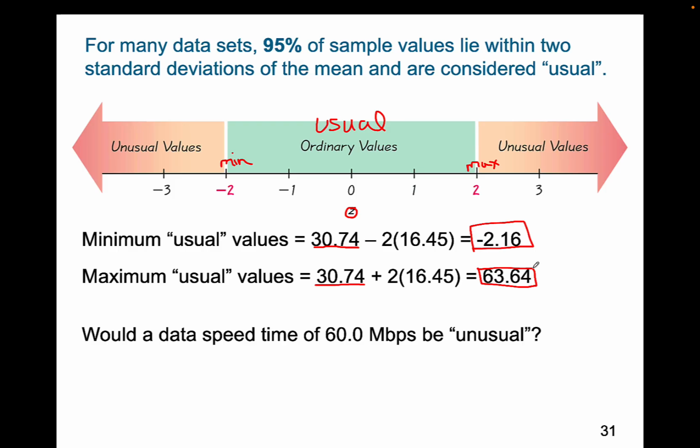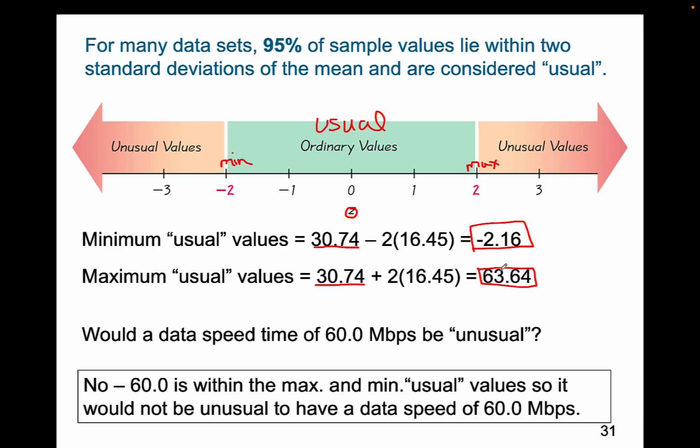When asked, would a data speed time of 60 megabits per second be unusual, we check if it's in the range between the minimum and maximum usual values. And 60 is between these two, so 60 would not be considered unusual. So the answer would be no. 60.0 is within the maximum and minimum usual values, so it would not be unusual to have a data speed time of 60 megabits per second.